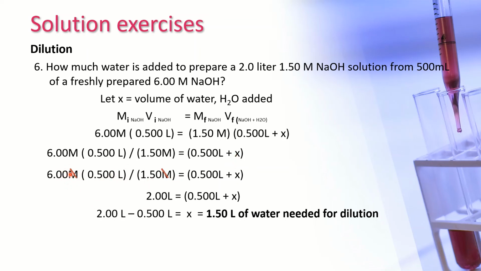So you have these values equal to 2 liters, equal to 0.5 liters plus X. You transpose 0.5 liters to the left, so 2 liters minus 0.5 liters, X is equal to 1.5 liters. This is the volume of water needed for this dilution problem.